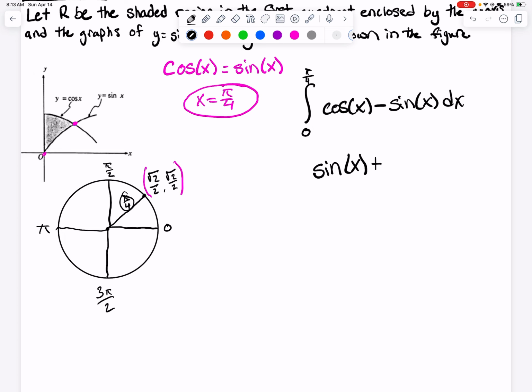It's going to be positive cosine of x, because when I take the derivative of cosine, I flip my sign and get the sine. Nope, no dx, sorry. And I'm going to take these for my bounds of 0 and pi over 4.